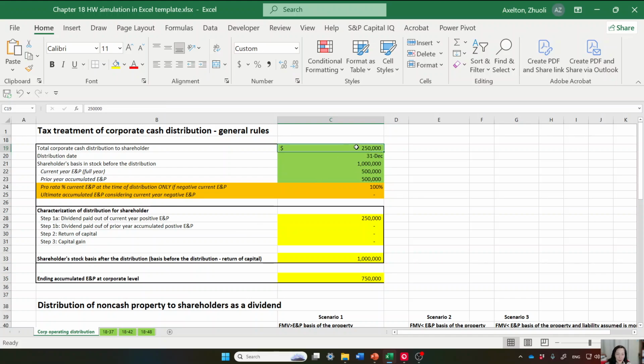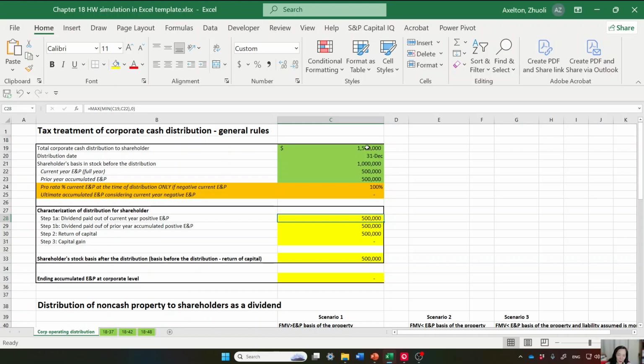And let's say I change this number a little bit and make it higher. I'm going to make this number 1.5 million, and see what happens. In this case, you can see my calculation automatically updates, and we're still doing similar steps, right?